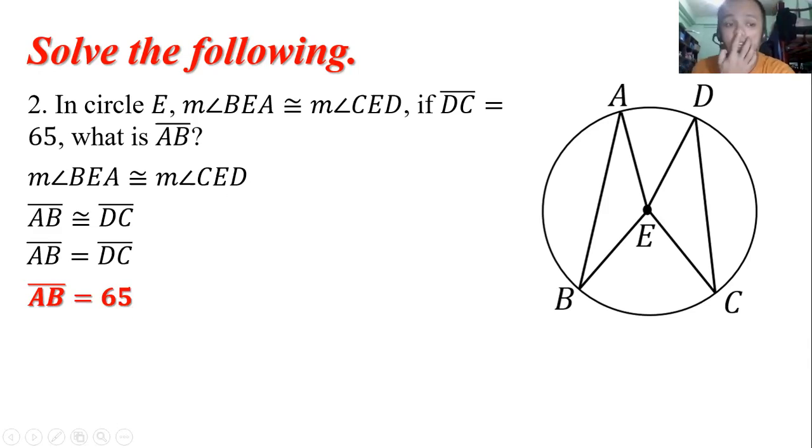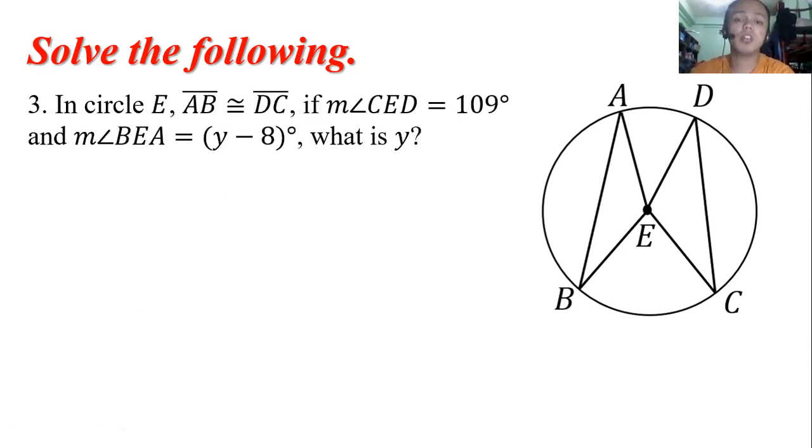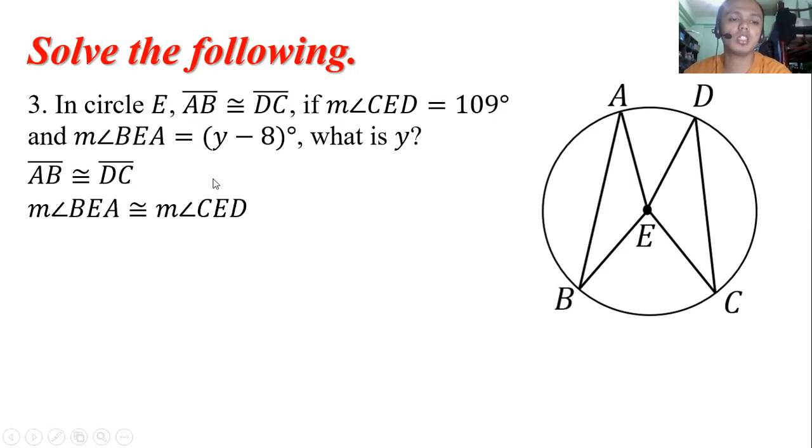Next, in circle E, chords AB and DC are congruent. If measure of angle CED is 109 degrees, your measure of angle BEA is Y minus 8 degrees. What is Y? Again, given congruent sila, then yung corresponding central angles are also congruent and equal.